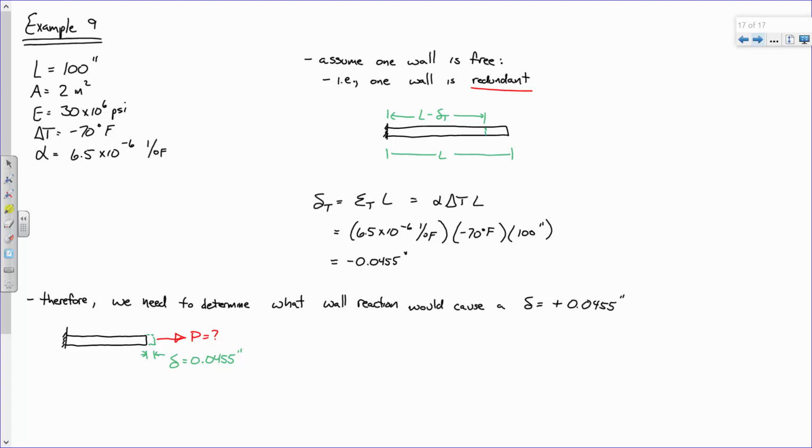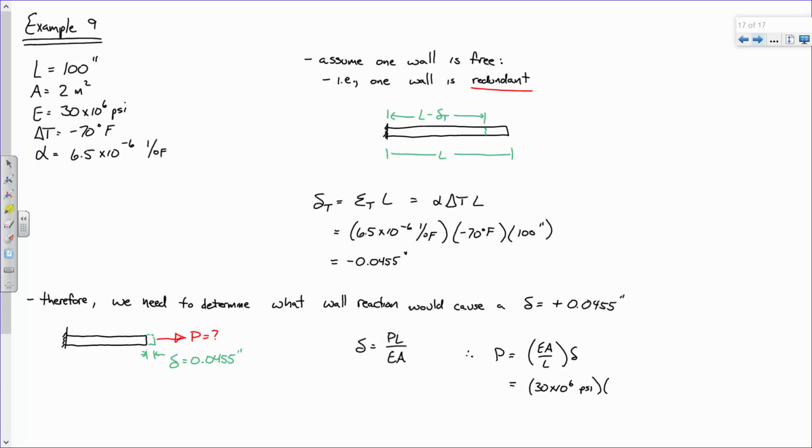So how do we determine that? Well, how do you determine deflection at all when you have a bar and you're yanking on it? Well, PL over EA. So delta equals PL over EA. And the one value that we do not know in this expression is P, because we know L, we know the A, and we know the E value. So therefore, P is EA over L times delta. E is 30 times 10 to the 6 PSI.